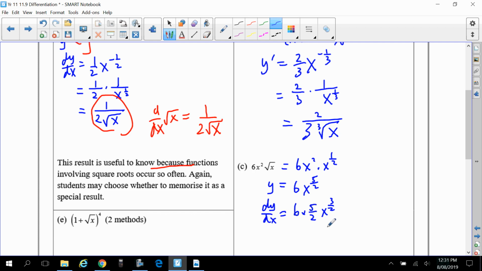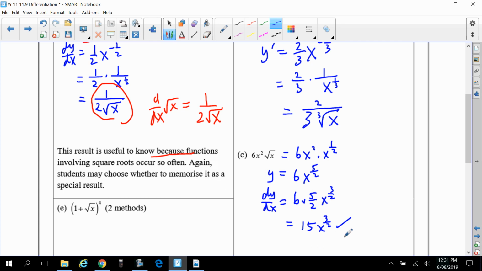And then the 2 and 6 get cancelled. 3 times 5 is 15. Like that. I think that's okay if you leave it like that. If you want, you can write it in root form, which is like that. That's the root form, but you don't have to. This or this are fine.